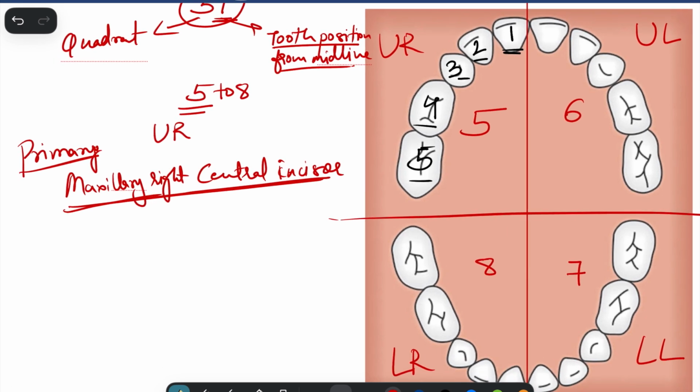A pedo patient needs filling in tooth number 7, 1. So, now 7 represents the quadrant, so it will be our lower left quadrant, and 1 represents the position from the midline. So, that will be our central incisor.